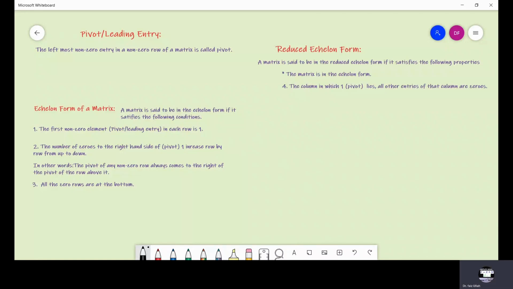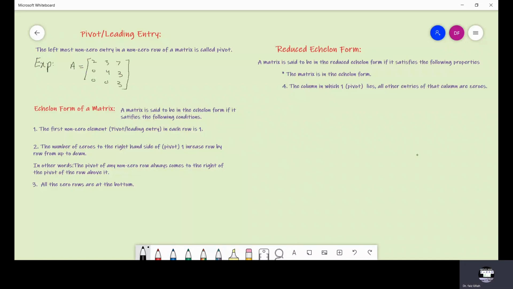Leading entry or pivot. The first non-zero number or element in a row of a matrix is called a leading entry or pivot. Let us see some examples. So the first example, we have a matrix A, which is given by 2, 3, 7, 0, 4, 3, 0, 0, 3.